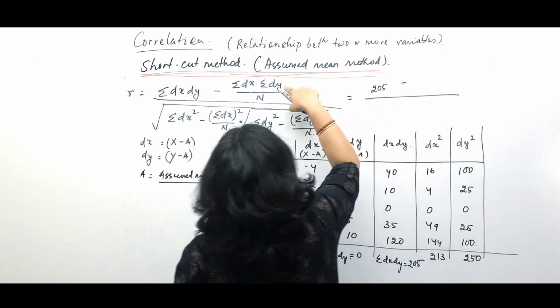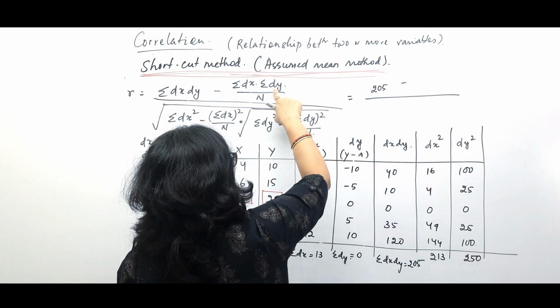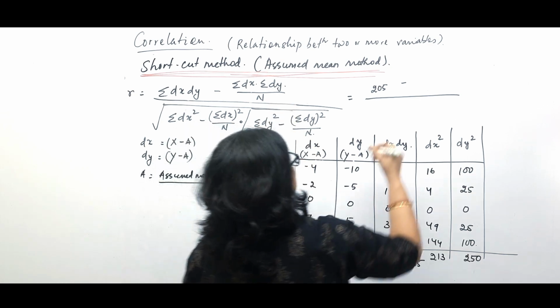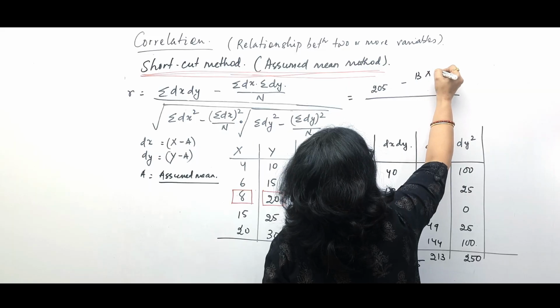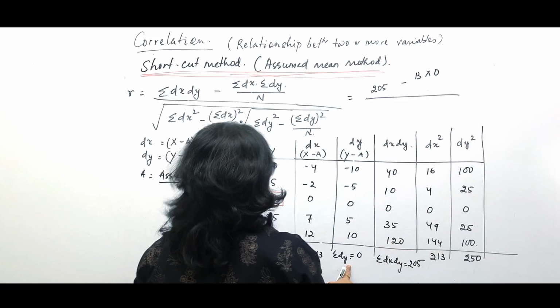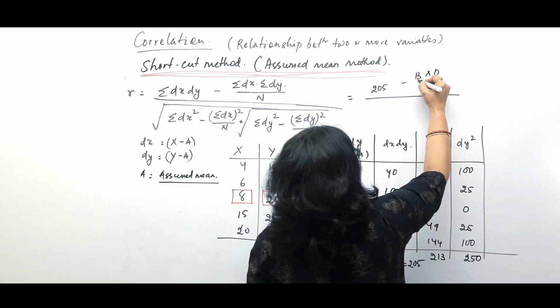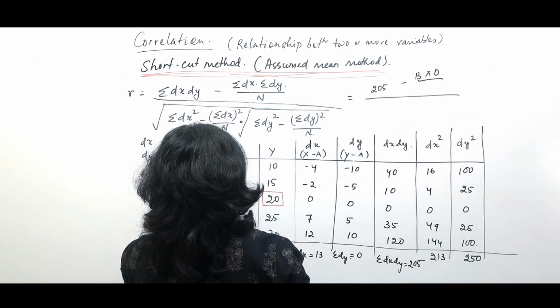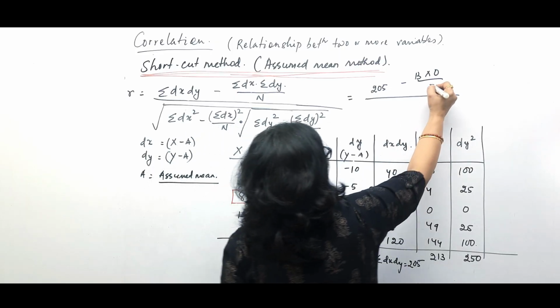Sigma dx is 13, sigma dy is 0, and n is 5.